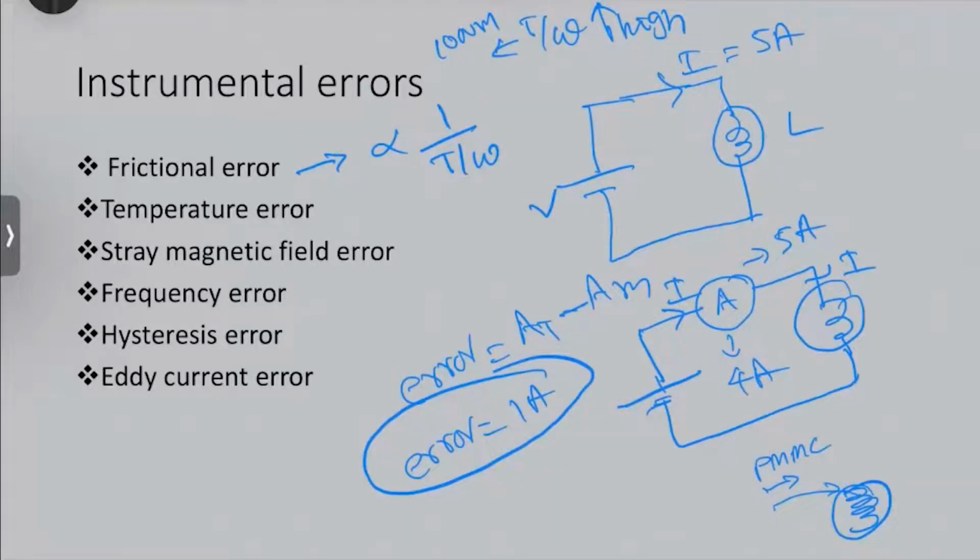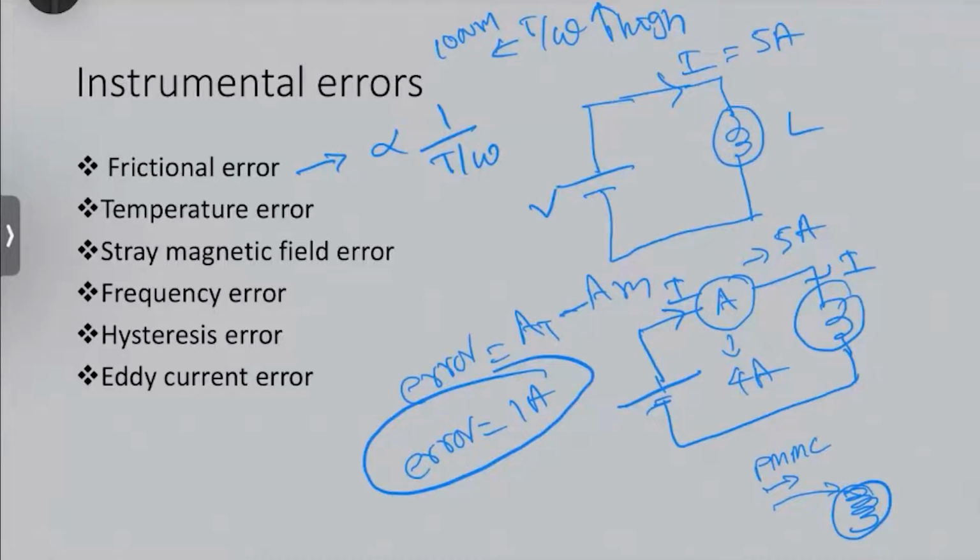You might have seen, whenever you heat a spring, it will lose its ability, that means it is going to be elongated. Because of this elongation, it is going to affect the controlling torque. We already discussed in the previous session that the controlling torque plays the crucial role in getting the final deflection.